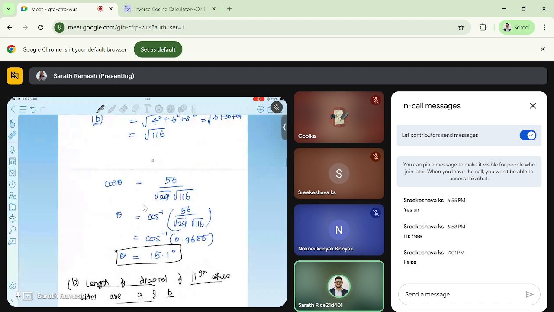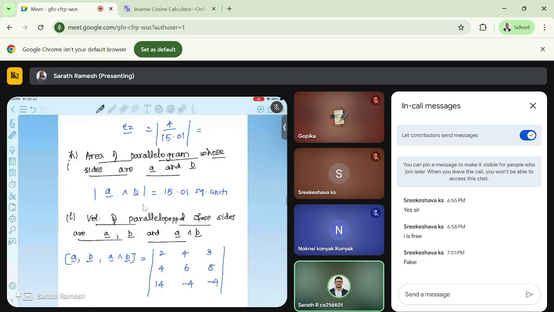Then we saw again the concept of angle. Then we saw how to find the vector product, the unit vector perpendicular to A and B, and we saw area of parallelogram and volume of parallelepiped, which is nothing but the cross product and the box product.